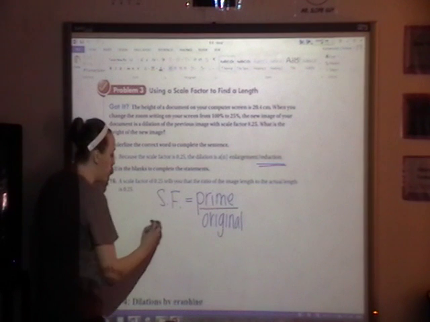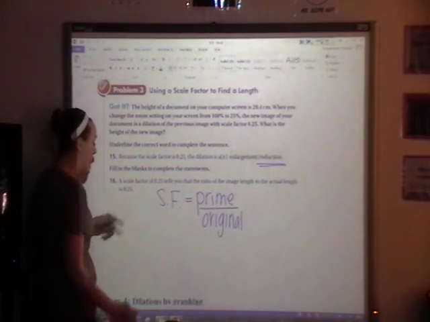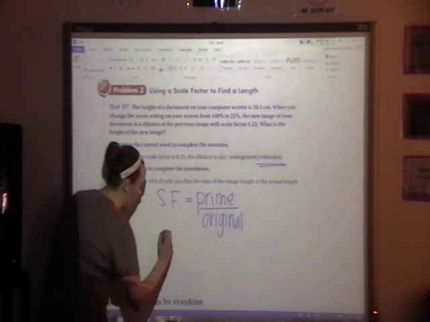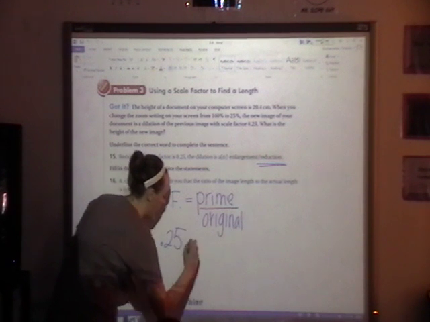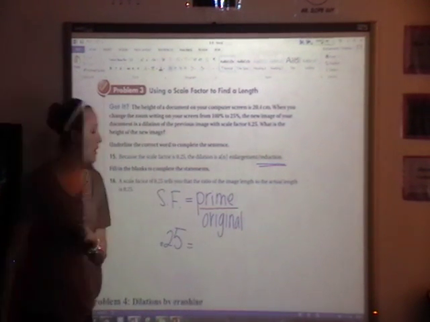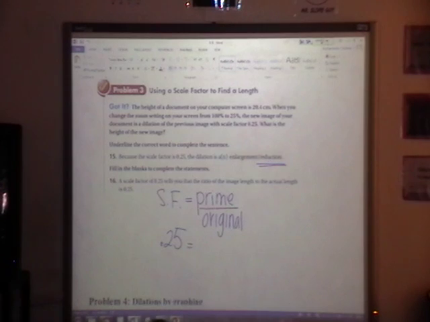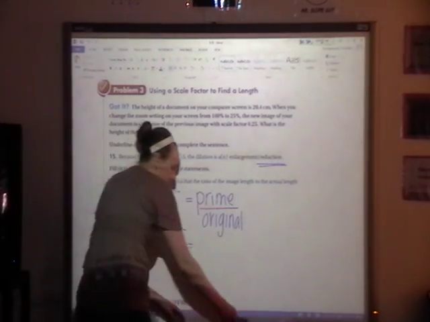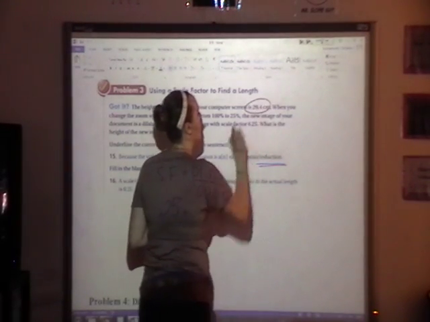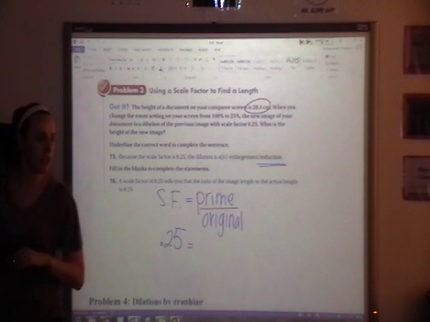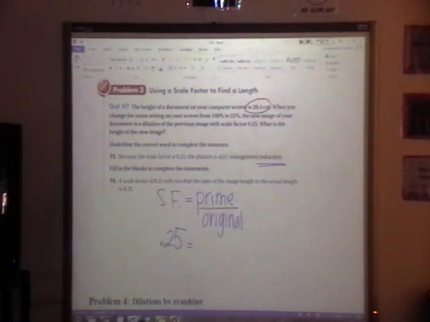So if we know scale factor, I can replace SF with my scale factor, 0.25. That is equal to the document length. The document on a screen is 20.4 centimeters. So that's our original. That's what we started with.